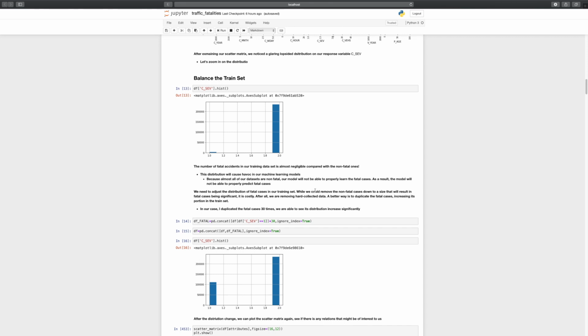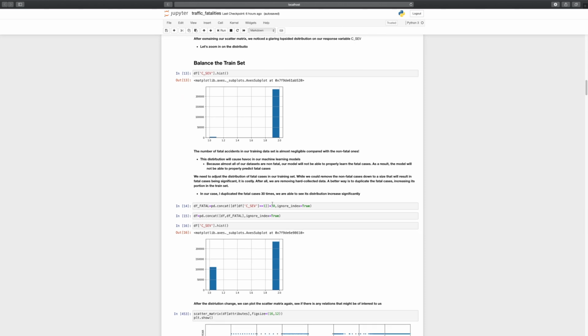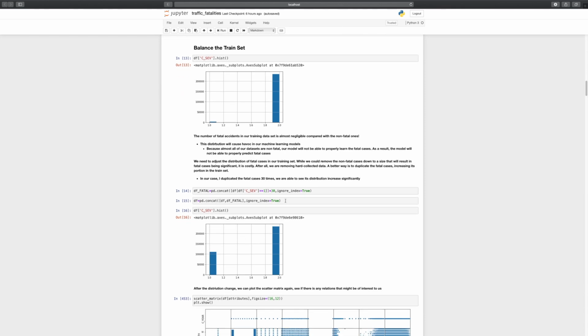Well, we could certainly remove non-fatal cases down to a size that will result in the fatal cases being significant. But at the same time, we are removing hard-collected data. So a better way is just to duplicate the fatal cases, increasing their portion in the train set while not compromising the non-fatal cases. That's what I did.